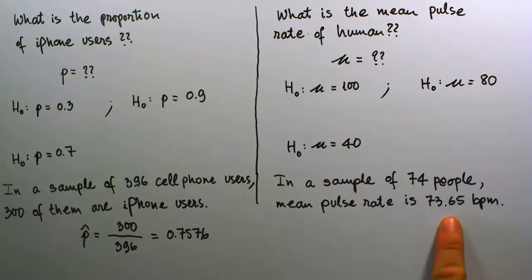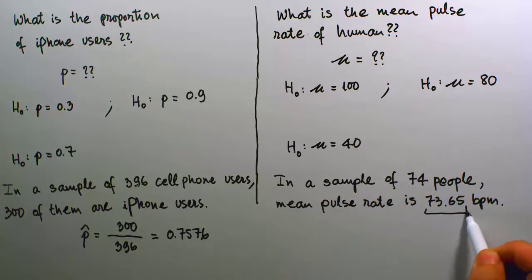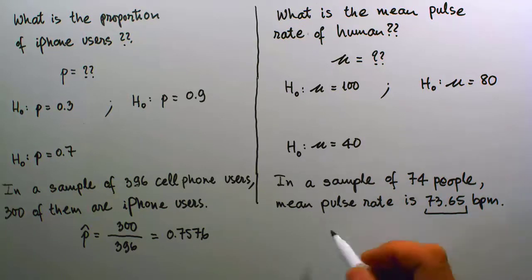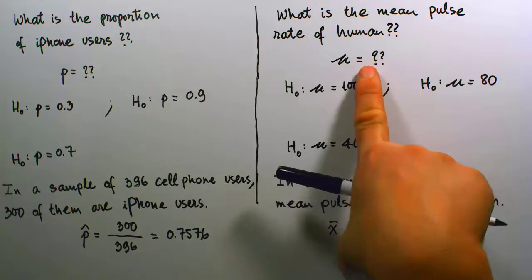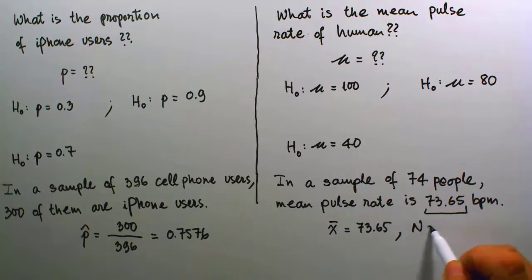And that means what we have here is this 73.65 beats per minute right here. It's a sample mean. It will never be the answer to this population mean value. However, it will become very useful for our work here. 73.65 is a sample mean. And further, we know that we have a sample size of 74. Capital N equals 74.